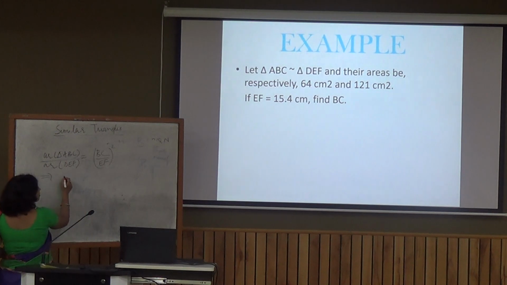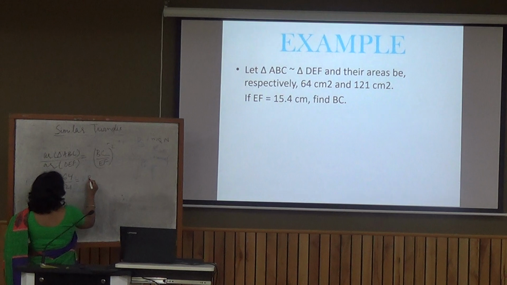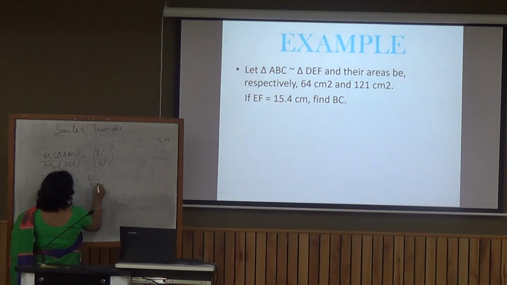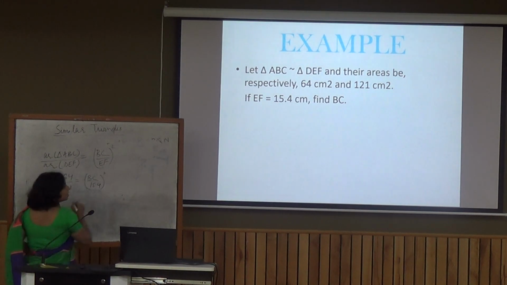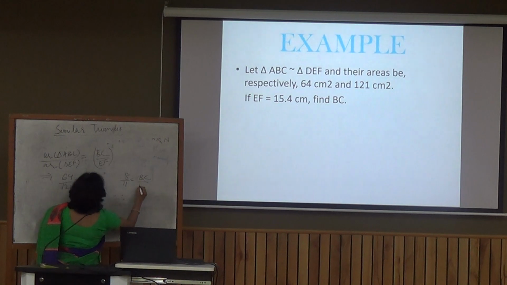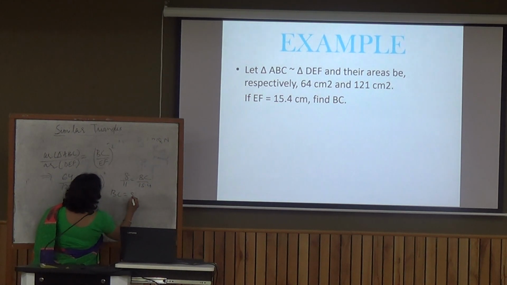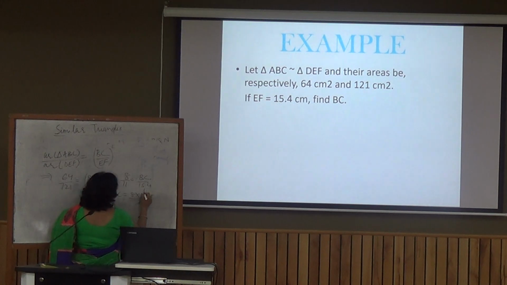That says 64 upon 121 is equal to BC upon 15.4 square. Taking square root on both sides, we get 8 upon 11 is equal to BC upon 15.4, and BC is 8 into 15.4 upon 11, which gives us 11.2 centimeter.